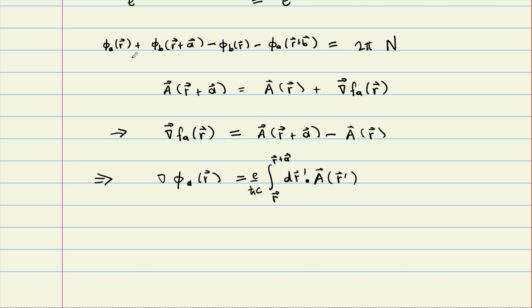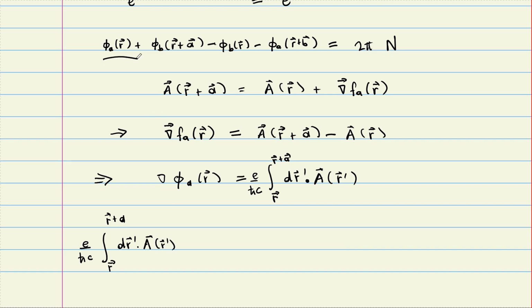Then I want to write this. There are 4 terms here. I want to write them as an integral in terms of this vector potential. So the first one is e over h bar c, so phi of a is going to be the integral from r to r plus a, dr prime dotted with A of r prime.